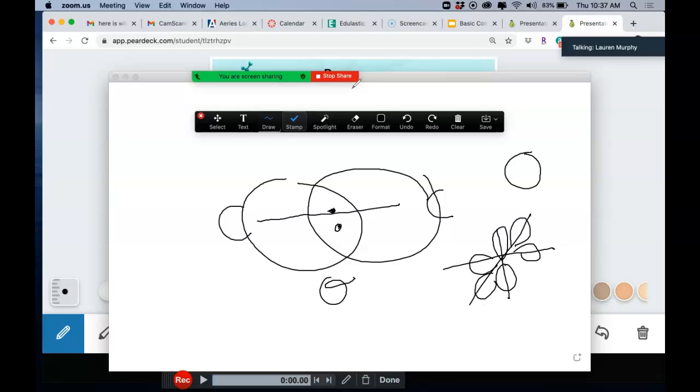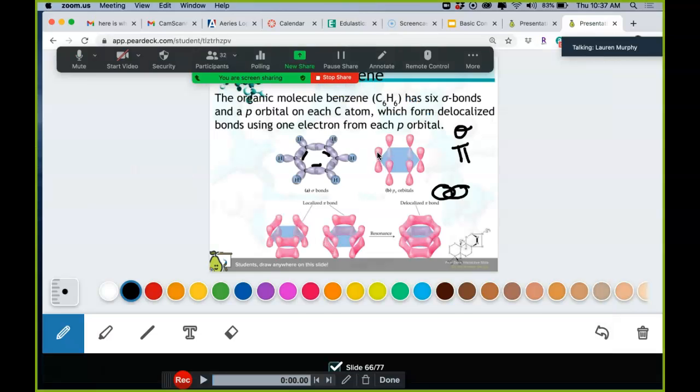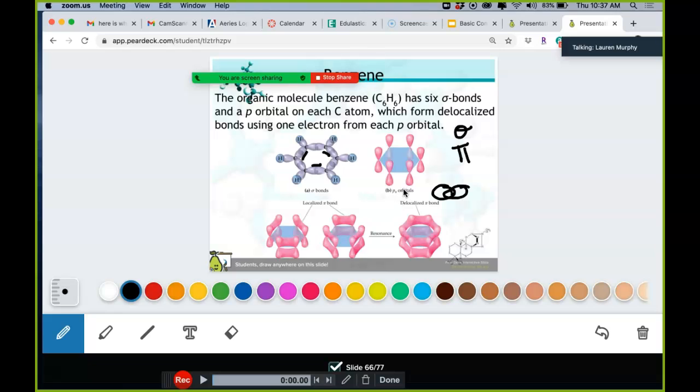So if you look back here, they showed those as PX, but really I'm going to call them PY since they stand up and down. So these are the p orbitals that carbon has. Carbon is 1s2, 2s2, 2p2. So you have p orbitals present in carbon, and you have electrons in them.